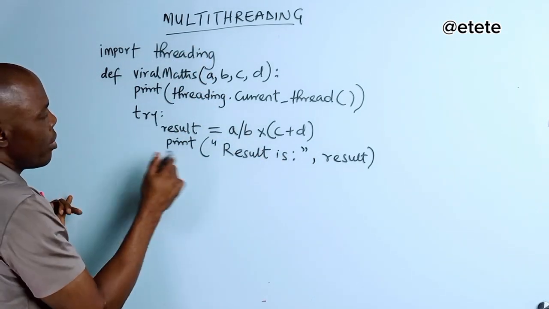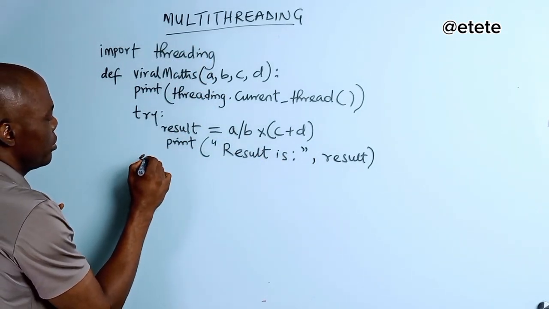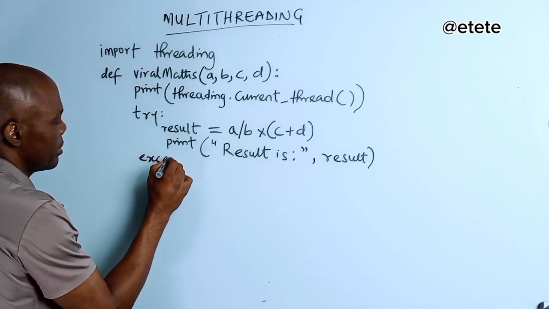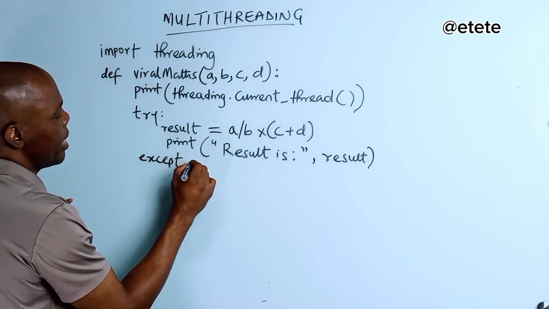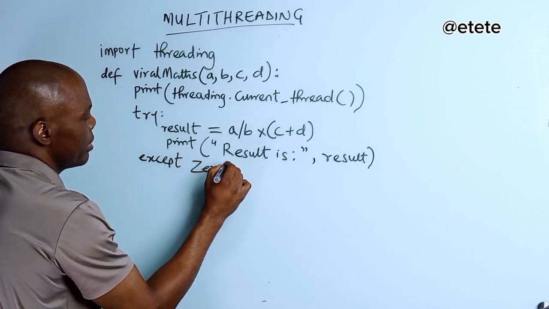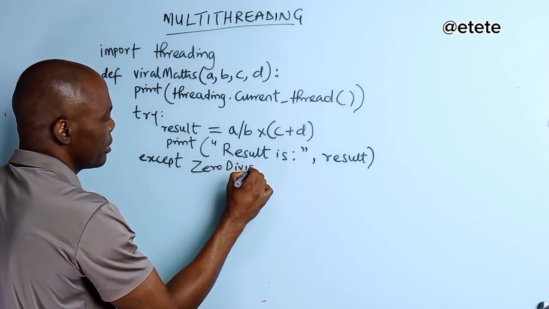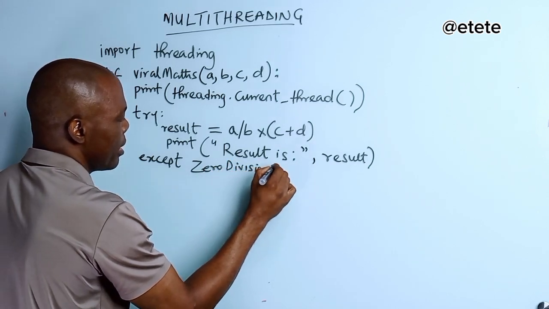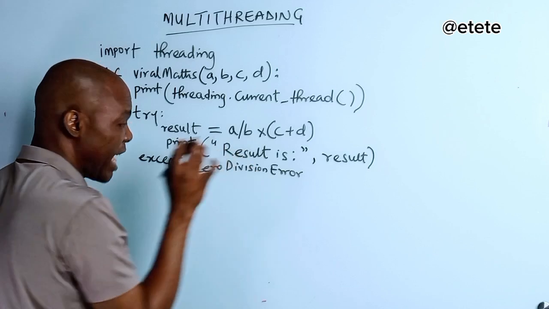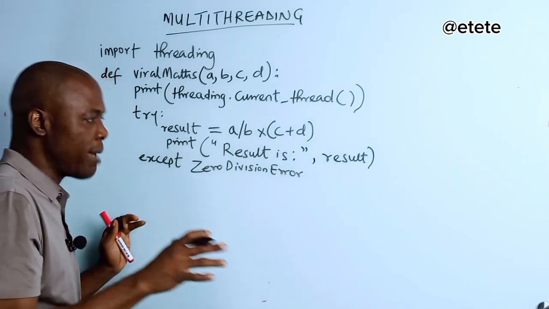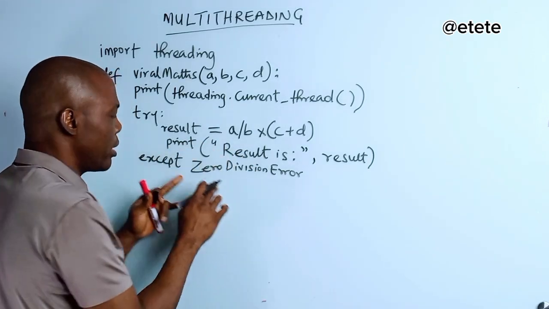Now, if there's an error, it will do except ZeroDivisionError. So that is the error I want it to capture. It's going to capture a zero division error.